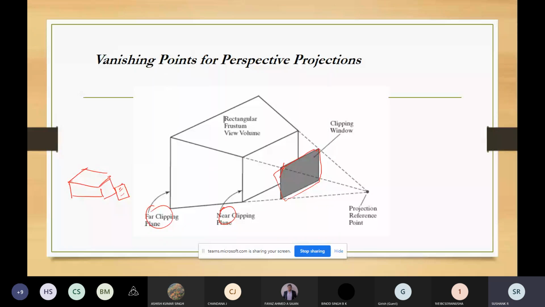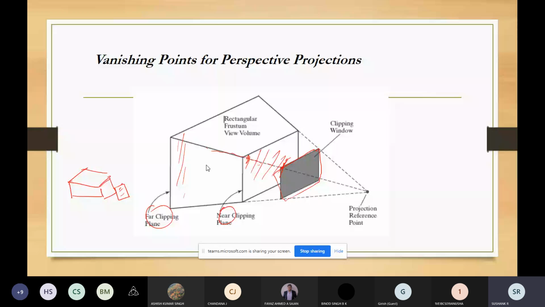You can see the lines are not parallel, so it is diverging. The size of this rectangle is very much larger when compared to the clipping window, and the size of the far clipping plane is also very much larger. So here the bounding planes for the view volume are not parallel, because in perspective projection the lines are not parallel.